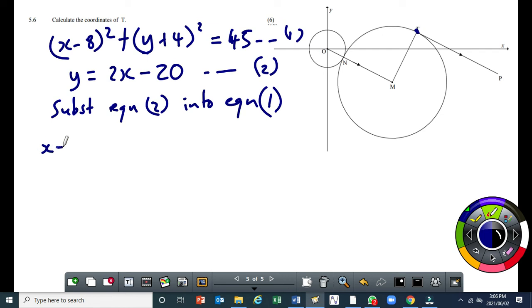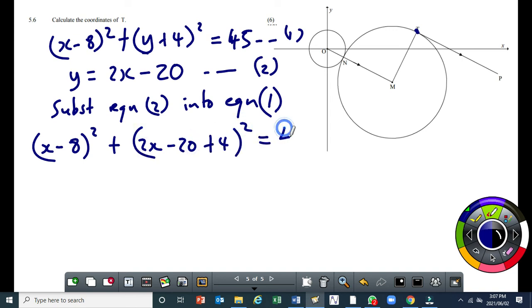So this becomes (x minus 8) squared plus (2x minus 20 plus 4) squared is equal to 45. Then from here, if we simplify this, we get x squared minus 16x plus 64 plus, now this gives me minus 16.